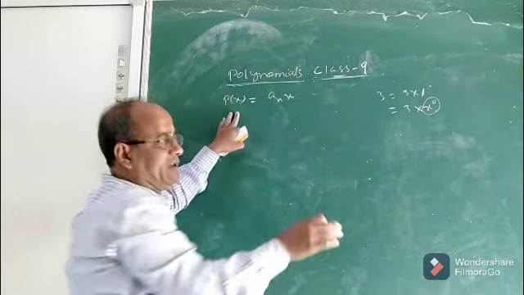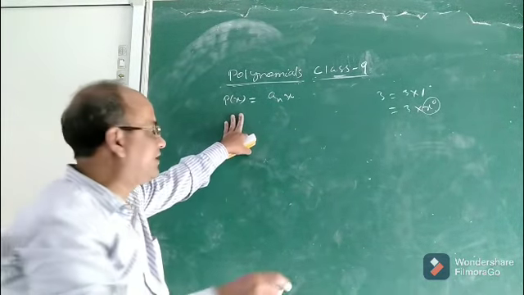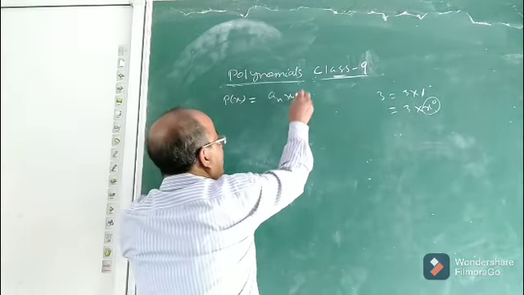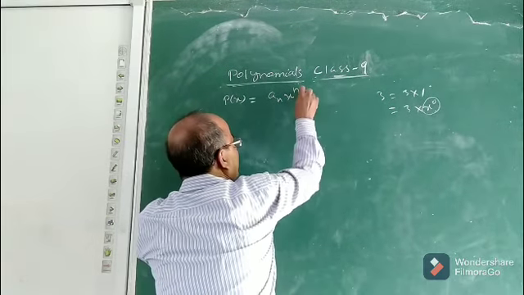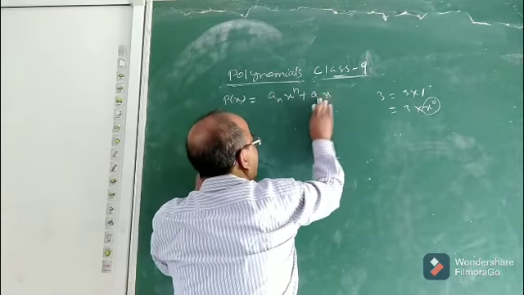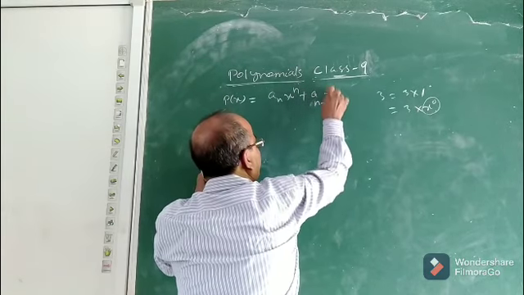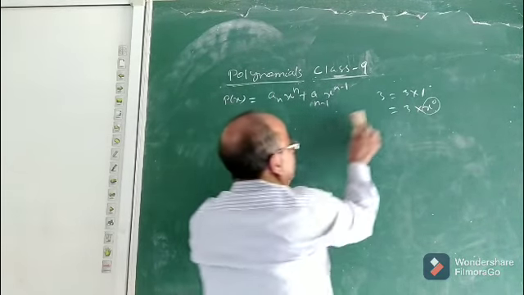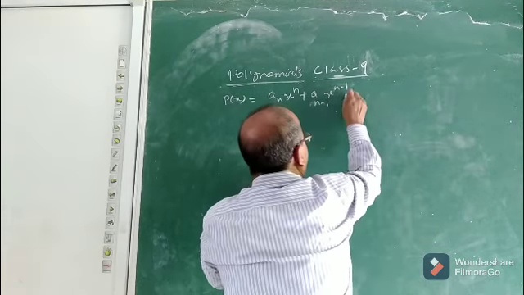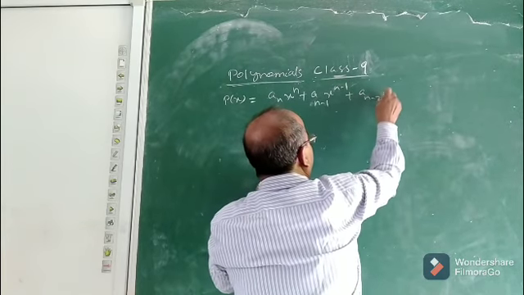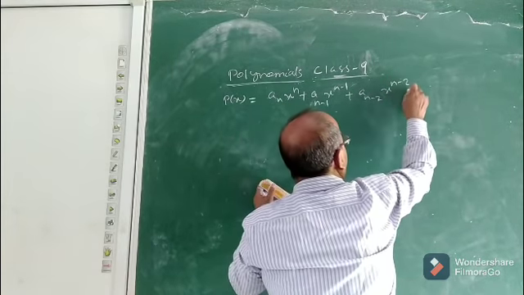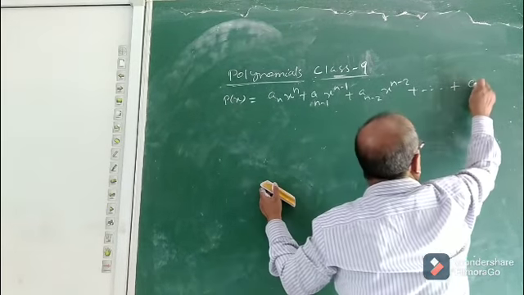Now we are discussing a polynomial of nth degree. A polynomial of degree n is a_n x to the power n plus a_(n-1) x to the power n minus 1 plus a_(n-2) x to the power n minus 2 and so on, plus a_0.